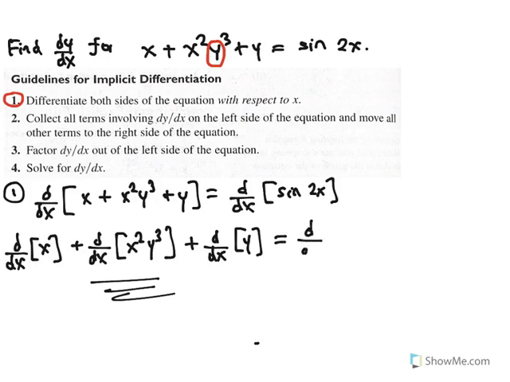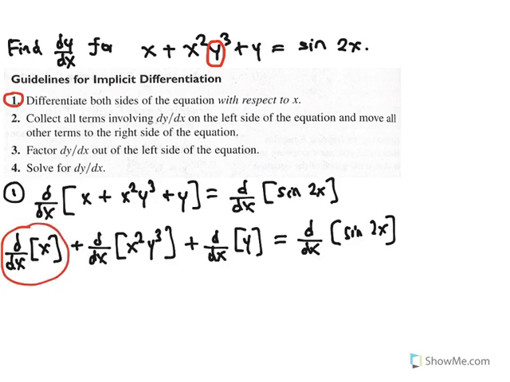And on the right side, we have the derivative with respect to x of sine of 2x. So now some of these are really easy to do. Like here, you just find the derivative of x with respect to x, which is 1.